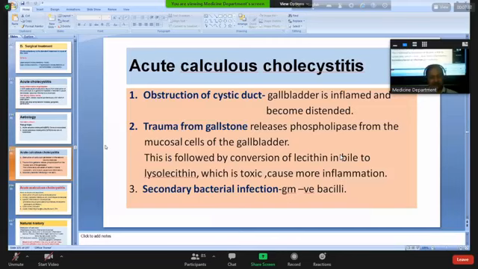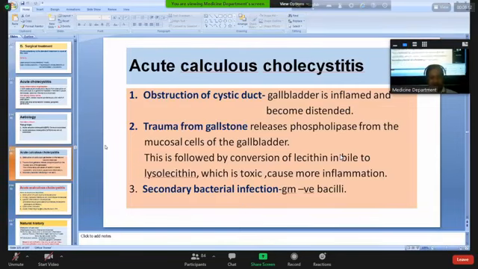So whenever a gallbladder stone is present, it causes minor trauma to the mucosal wall. When the mucosal wall is traumatized, there is release of phospholipase. When phospholipase is released, the lecithin in the bile is converted into lysolecithin by the action of the phospholipase. And this lysolecithin is one of the mediators for acute inflammation.